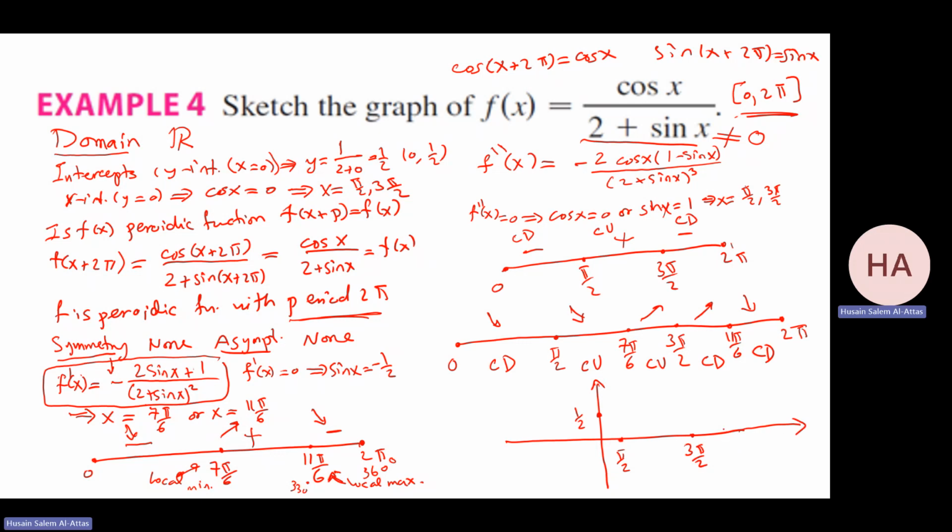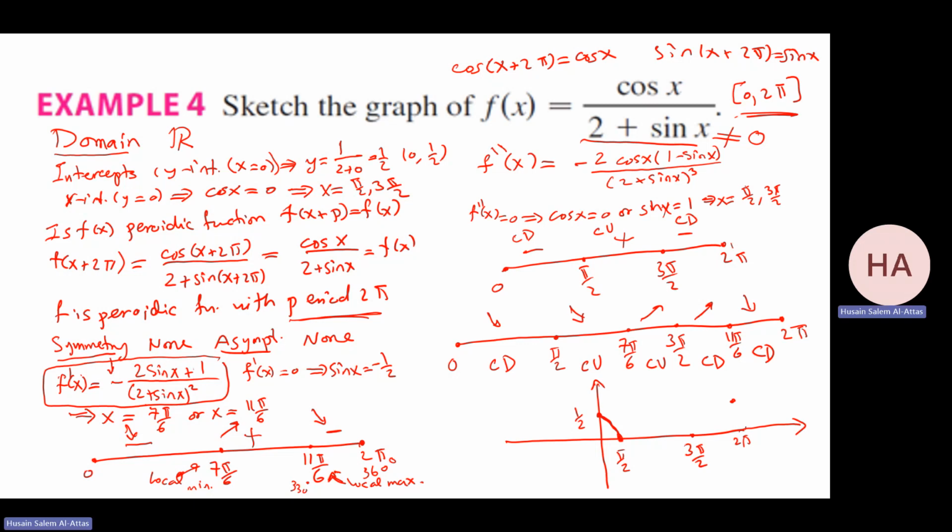At 2 pi, I'm getting half also. Between 0 and pi over 2, it is decreasing and concave down. It's decreasing, for sure, but concave down, something like this.